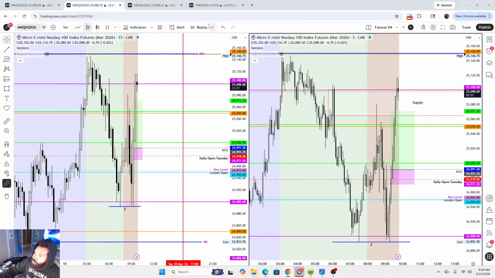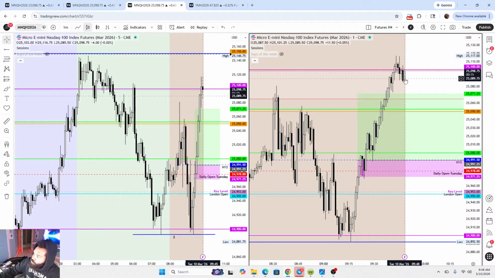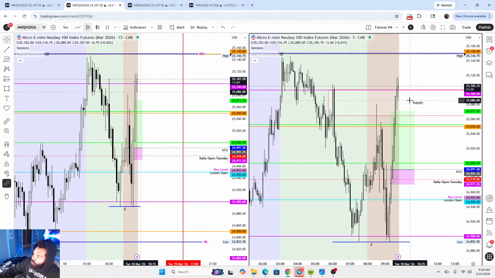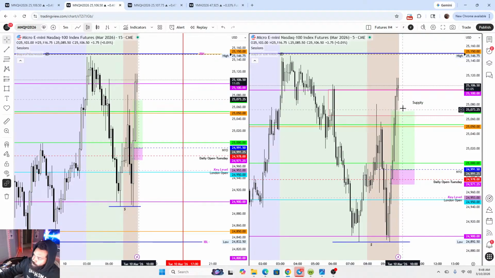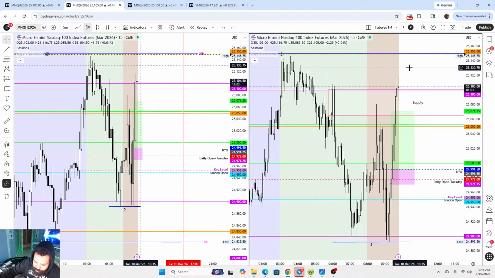Okay, now if that 1 minute, I'll show this. If the 1 minute goes and closes above 25.1, like it's doing right now, I would say now you could probably go ahead and secure your 4 to 1, because we're relatively getting closer to target, if that makes sense, right?